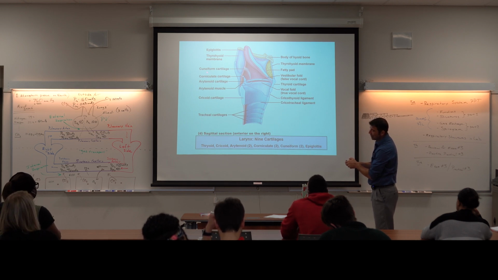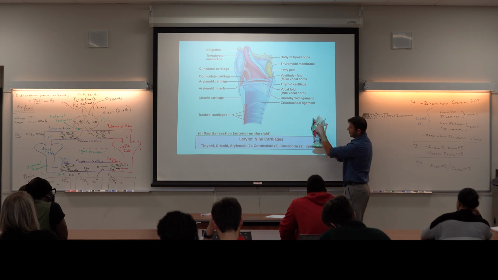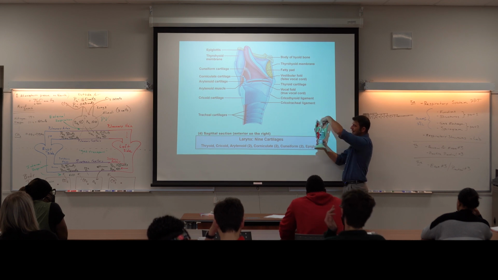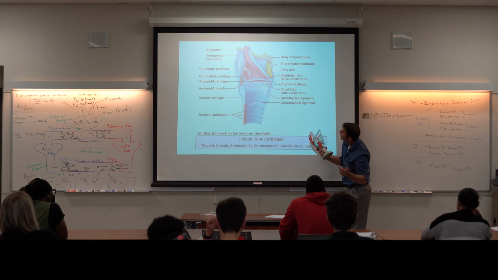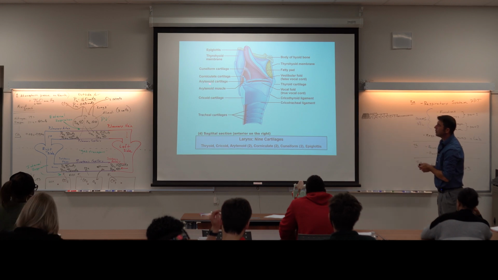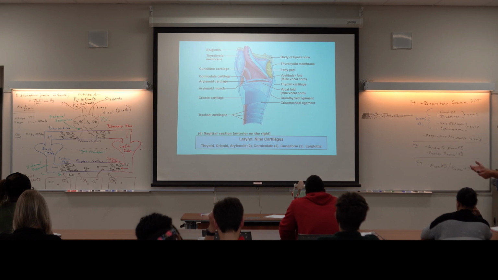It's called the corniculate cartilage. You can see that on this model as these little tips on top of the arytenoid cartilage. Thyroid cartilage, cricoid cartilage, tracheal rings, arytenoid cartilage, and then the tips there are the corniculate cartilage. I almost said cuneiform cartilage, but cuneiform is not on the list. Corniculate cartilage, that little tooth-shaped piece of cartilage, is on the list.